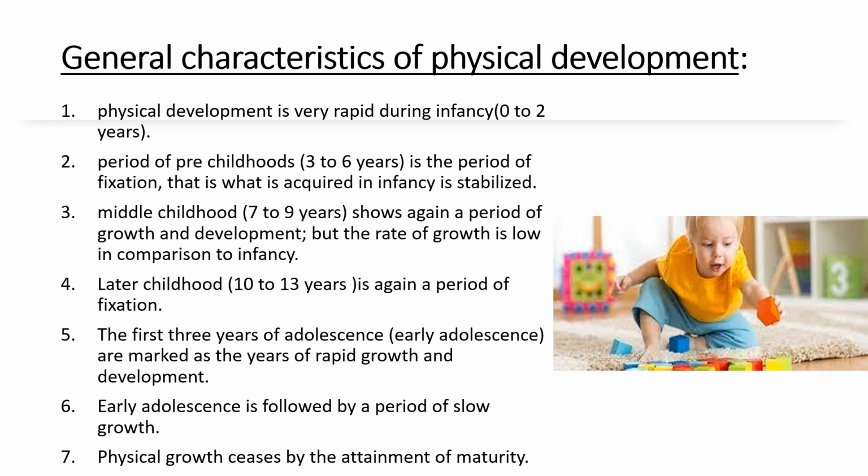And moving into the first 3 years of adolescence, which is called early adolescence, they are marked by rapid growth and development again. We know that when boys and girls reach early adolescence, their physical development occurs in different ways. Boys usually get taller than girls, but their adolescence comes a bit later than girls.